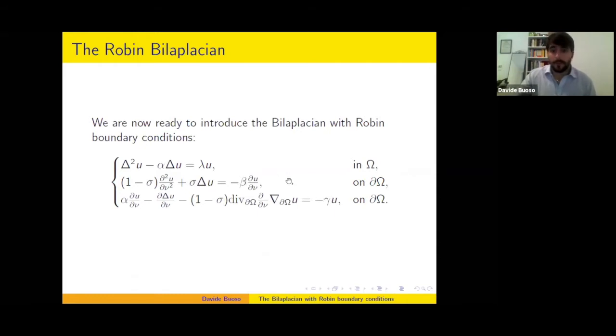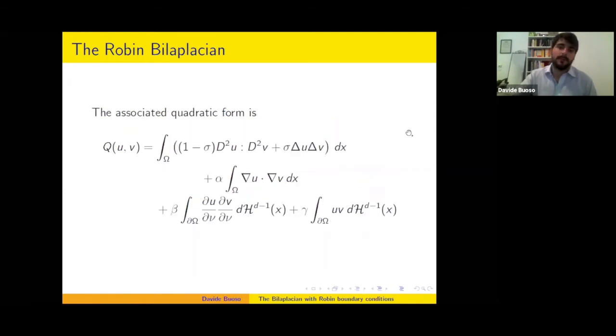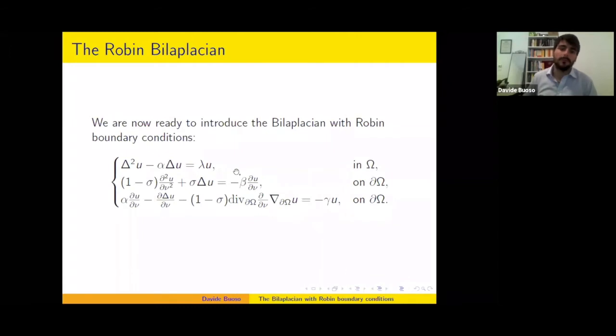And at first glance, it may seem a little pretentious as a problem, but if you write down the quadratic form, you really see that there is some sense behind this. So this is the quadratic form associated with this Robin problem.